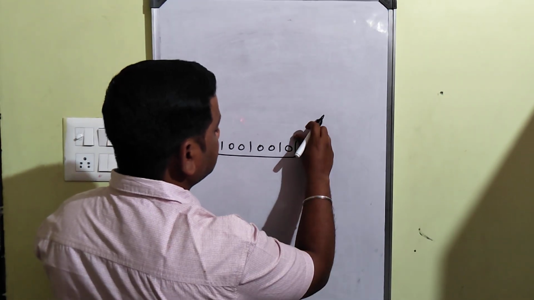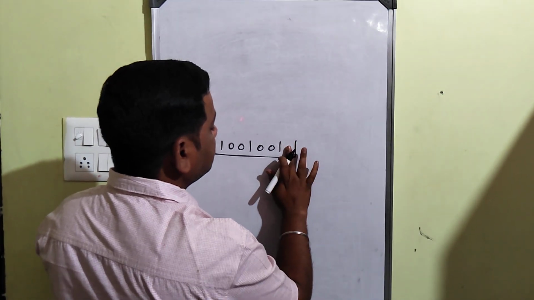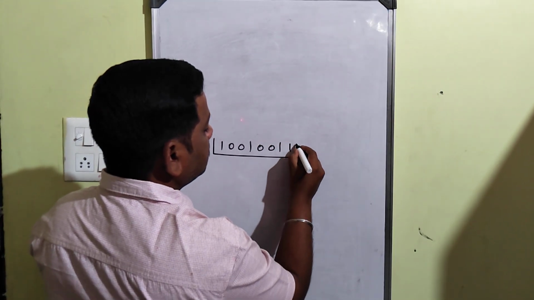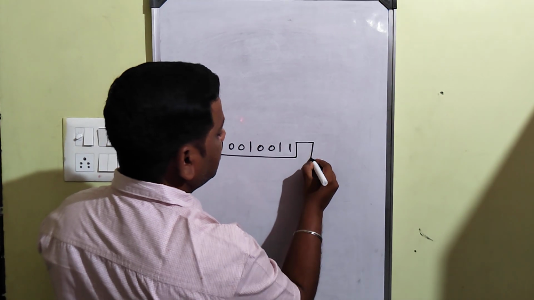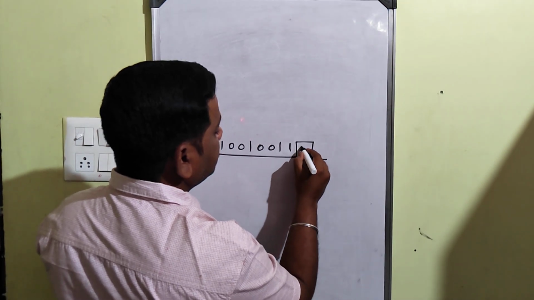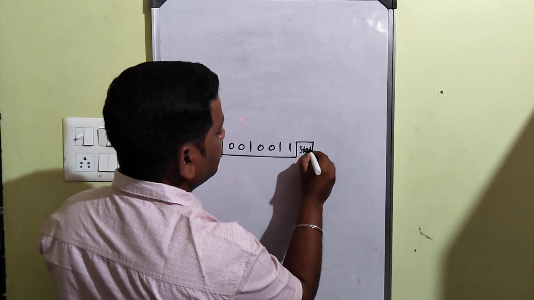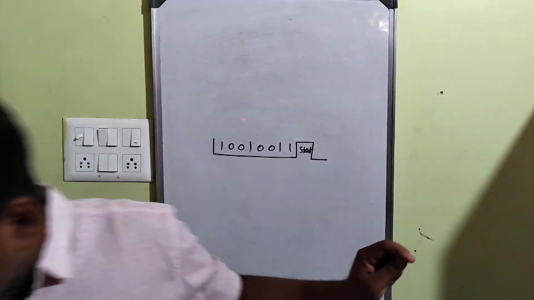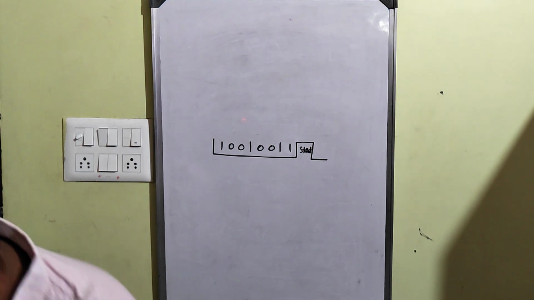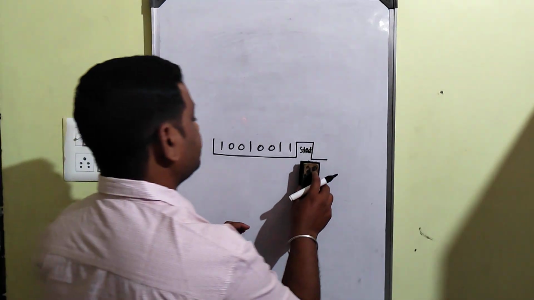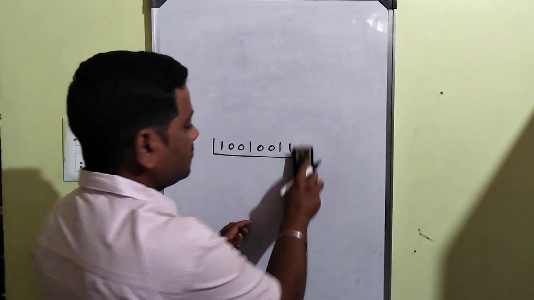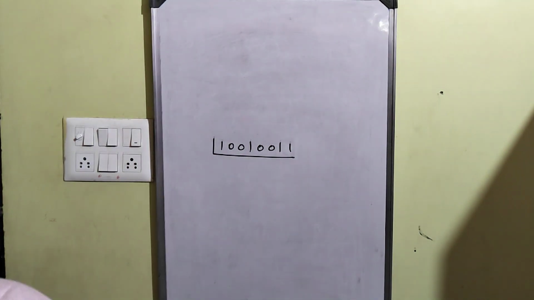Say this is 0. Let me take this example. This is 1. Okay. Right. So this is high, and again we will have the bit like this. So this will be a start bit. There will be one start bit which is low. We need to have a low start bit. So let me point it out clearly.